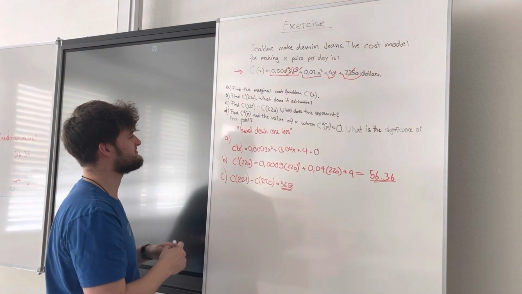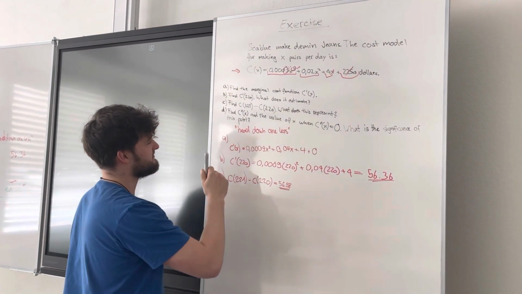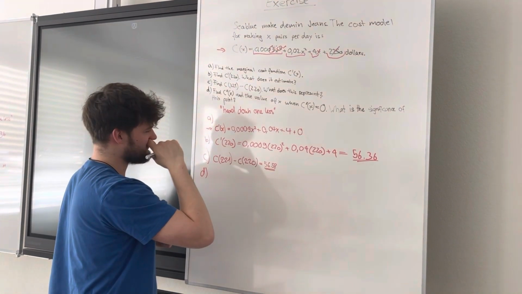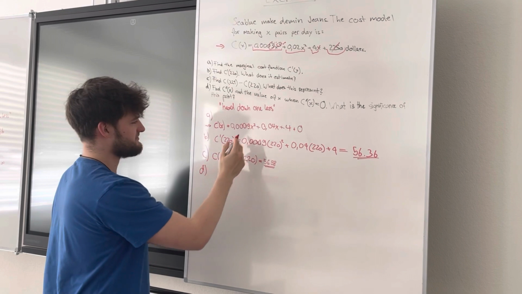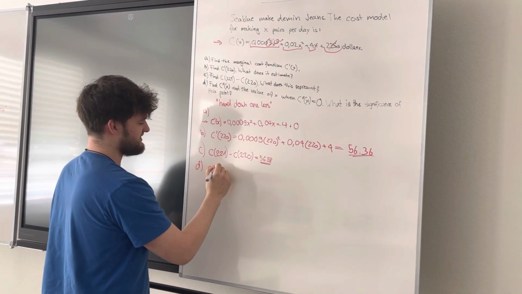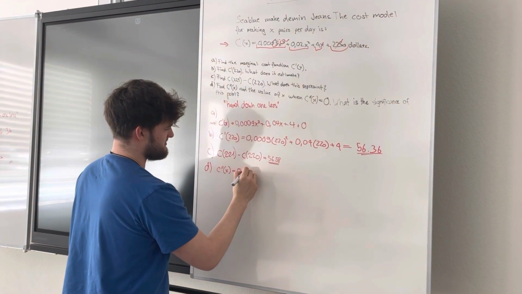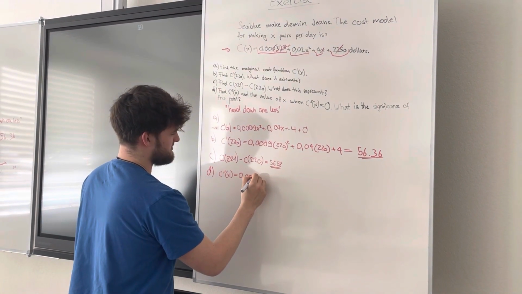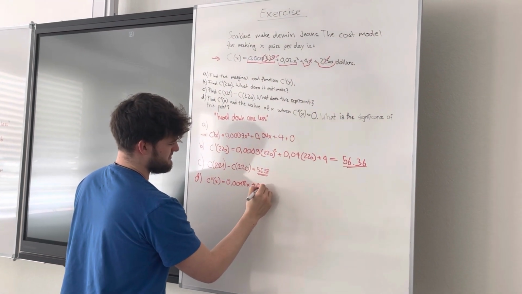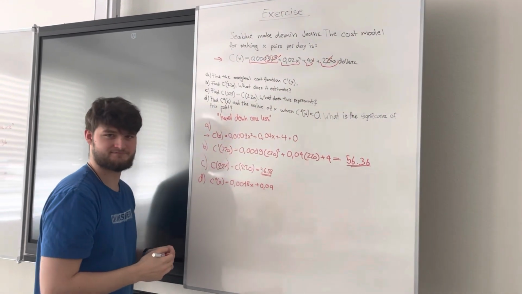So let's move on to exercise D. For this one we need the second derivative. We use the first derivative to find the second derivative. So we use this function right here. And then we use the head down one less rule and get this function right here.